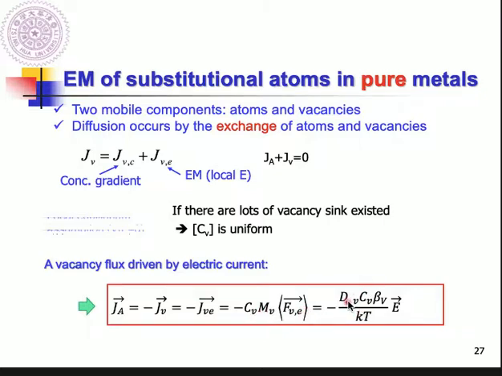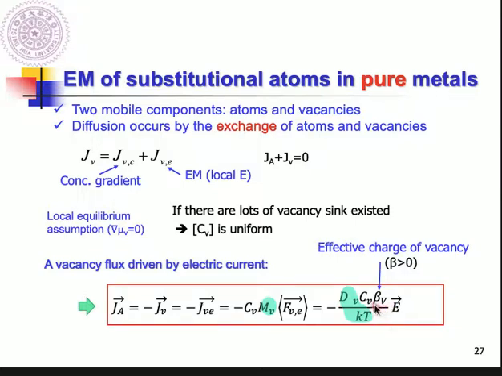Mobility can be expressed as diffusivity over kT, times concentration. The driving force here we call beta V E. The beta V here is the effective charge of vacancy, usually larger than 0, right? It's larger than 0.